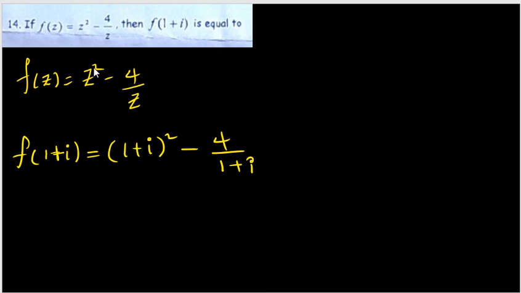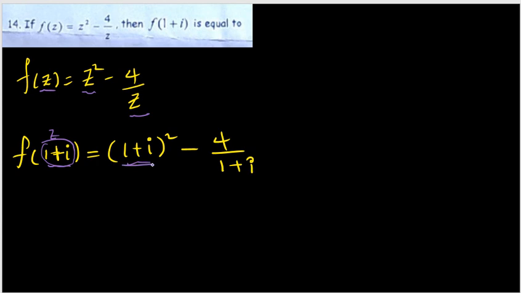Since we need to find f of 1 plus i, in place of z I will write 1 plus i everywhere. So f of z is equal to z squared minus 4 over z. So when I say f of 1 plus i, this 1 plus i can be considered as z. So z squared minus 4 over z form.